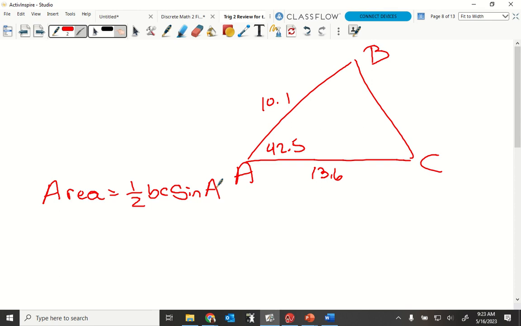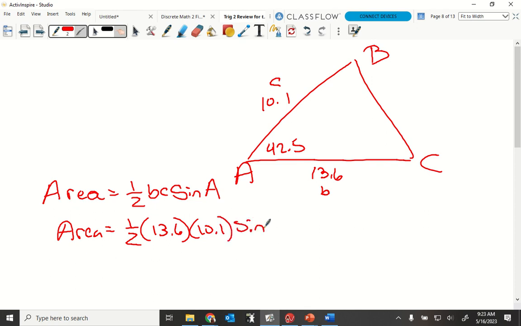And so, do I have little b, little c? Yes, I do. So my area is 1/2 times 13.6 times 10.1 times sine of big A, which is 42.5. What mode is my calculator in? Oh, yeah. Gotta be degrees, right? Yeah. So we're changing back and forth often. Yeah, you gotta always remember that.